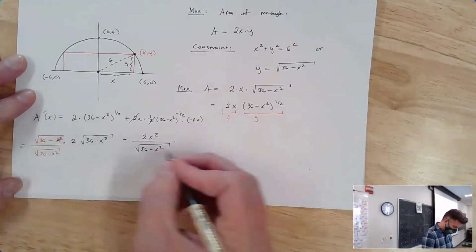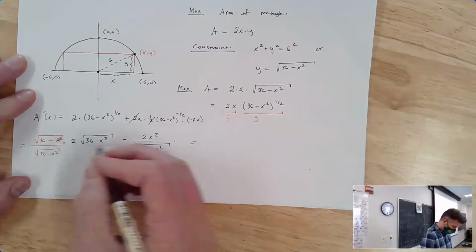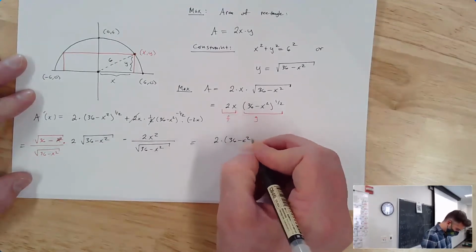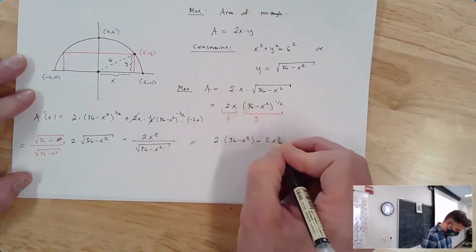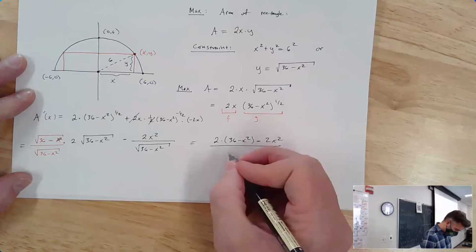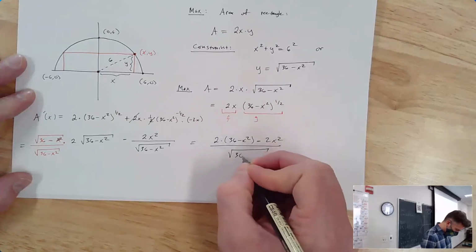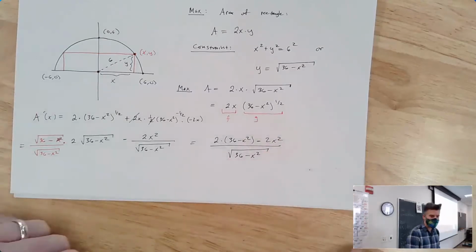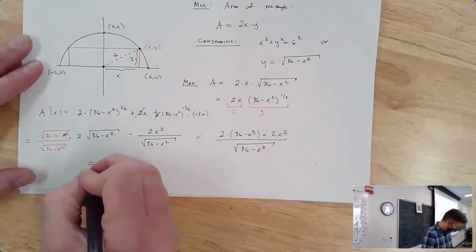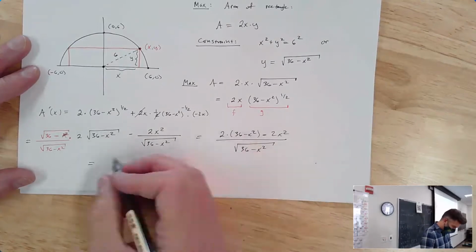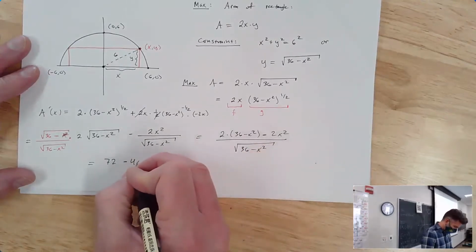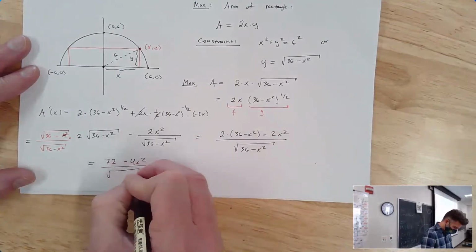So I end up with 2 times 36 minus x squared minus 2x squared over the square root of 36 minus x squared. Okay, one more simplification. On top, I'm going to get 72 minus 2x squared minus 2x squared, which is minus 4x squared, all over this denominator.